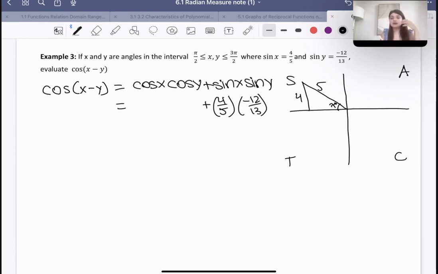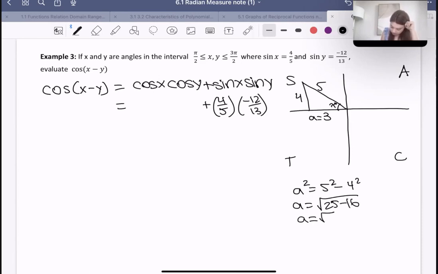Now, this is a classic 3, 4, 5 triangle, so it's going to end up being 3. But if I need to prove it, I will. Our missing side, we'll just call it A. A squared is equal to c squared, which is 5 squared, minus b squared, which is 4 squared. So a would be equal to the square root of 25 minus 16.